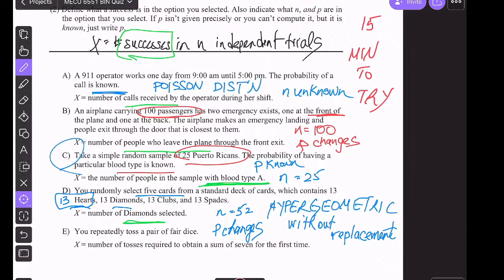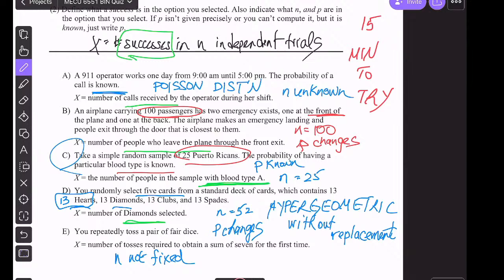So the problem with E is that you're going to keep tossing. So n isn't fixed. You're going to toss until you get what you're looking for. That's not a binomial. Okay, so it's not set, it's not determined. You can keep tossing until some arbitrary time, until you have a 7 show up on your dice.